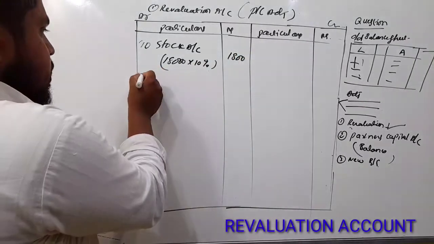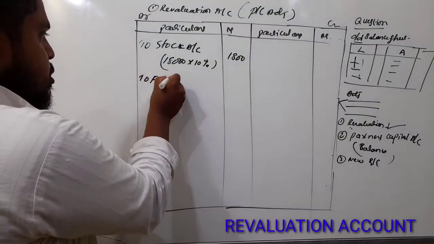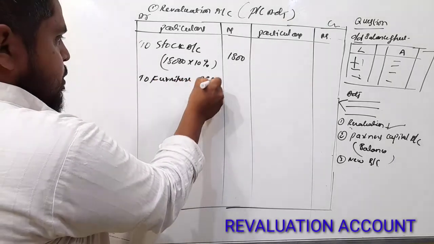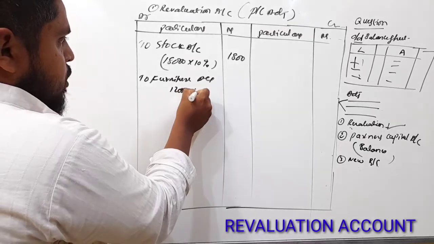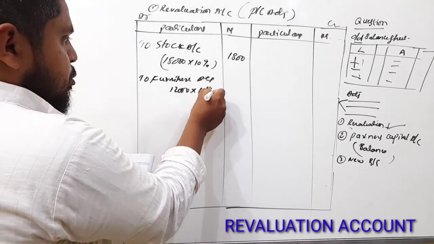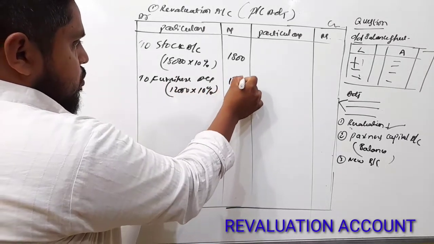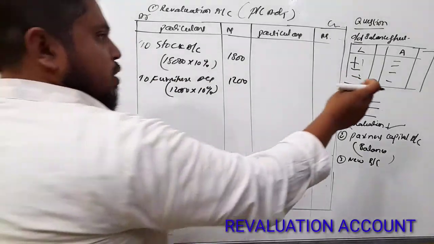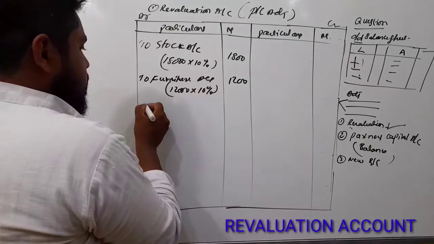Next, furniture. 12,000 into 10%. 1,200. Next, buildings, how much he has given in the balance sheet?